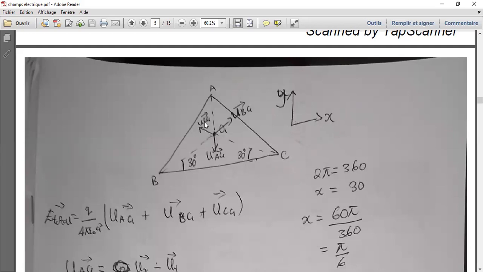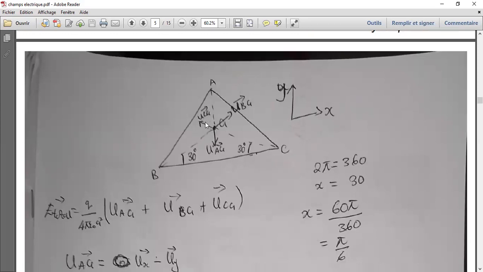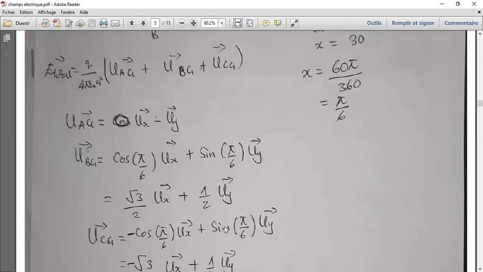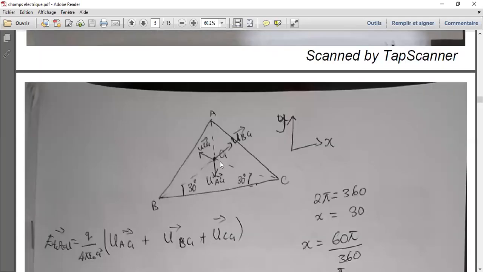The CG is going up, but it's going from the right side to the left side, meaning it's going opposite to the direction of the x-axis, which is the negative side. That's why I've written negative cos pi over 6 ux plus sine pi over 6, because it's always going upwards, which is the positive side.